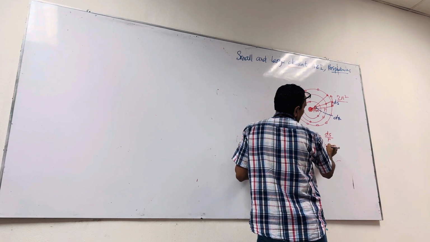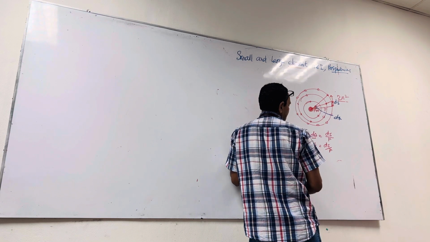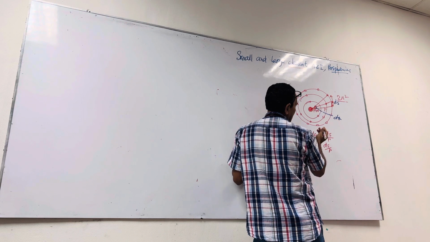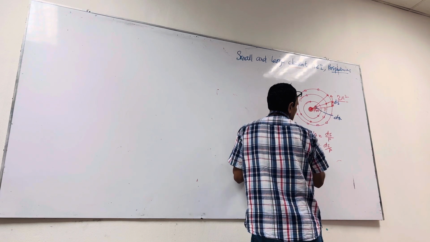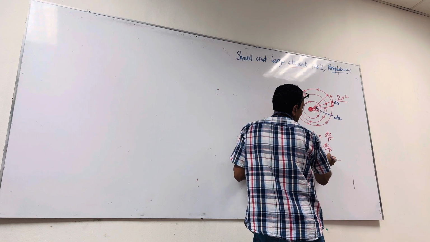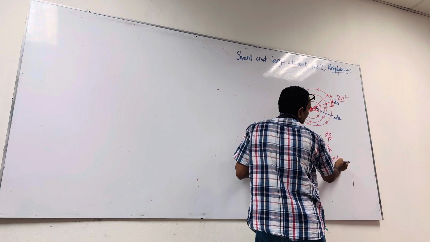Actually it is del S by R. So if we take the derivative with time, as R is changing position with time, then del theta by del t is actually del S by del t into 1 by R.